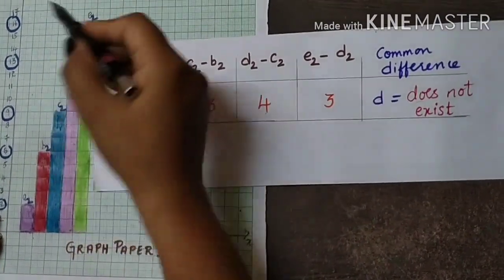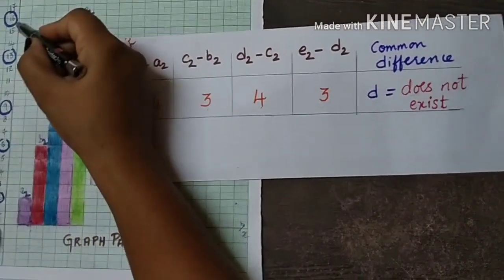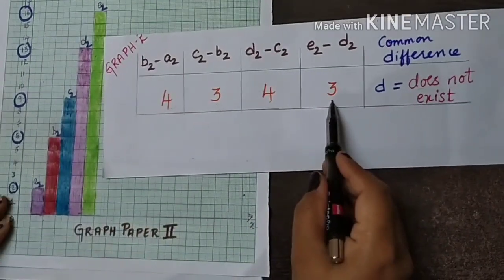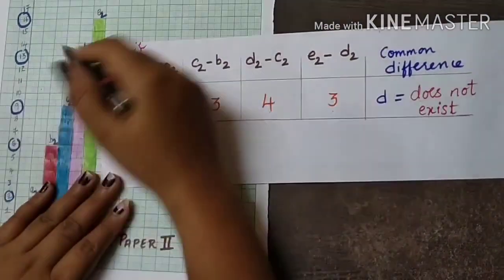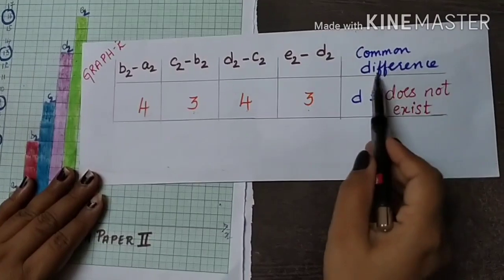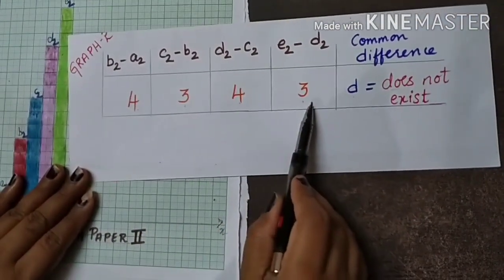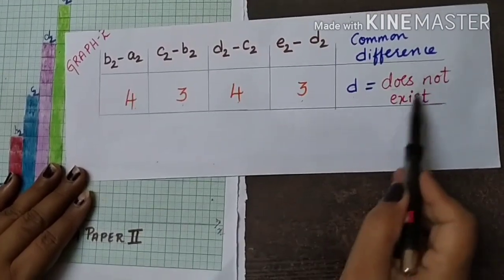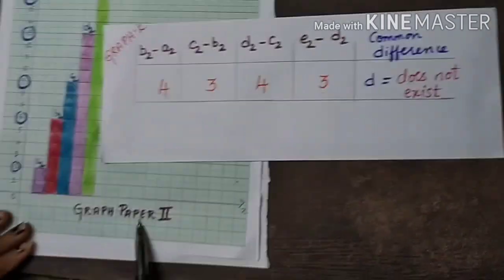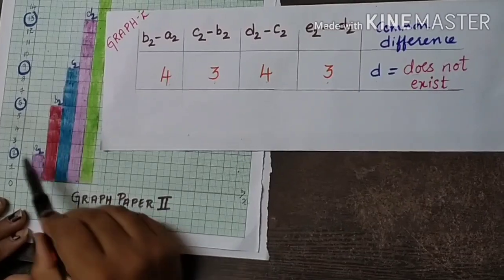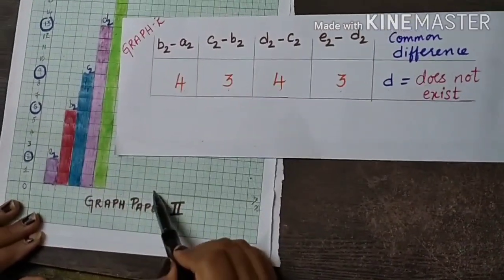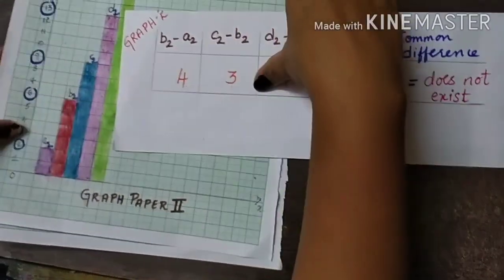Then E2 minus D2, 16 minus 13 gives us difference 3 units. Here the common difference d: if you observe, the numbers are not repeated, so the common difference does not exist. So the sequence in graph paper 2 is not an AP.